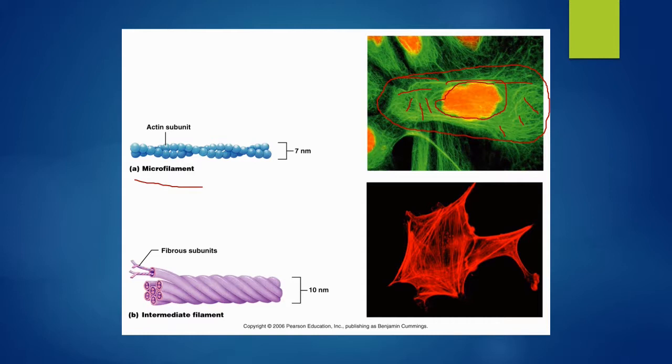Similarly, if we use a different staining technique that's specific for the intermediate filaments, we get another depiction of the cytoskeleton within the interior of the cell, all surrounding the nucleus, which is somewhere here in this central region.